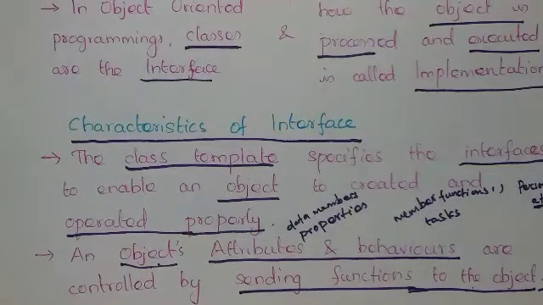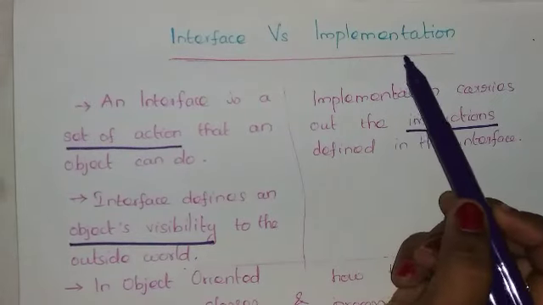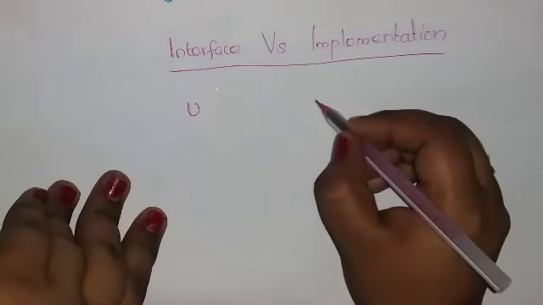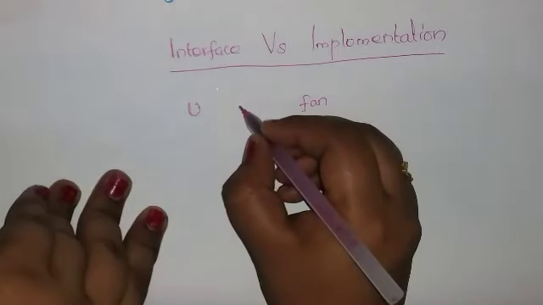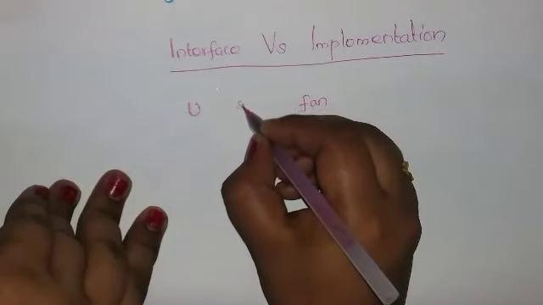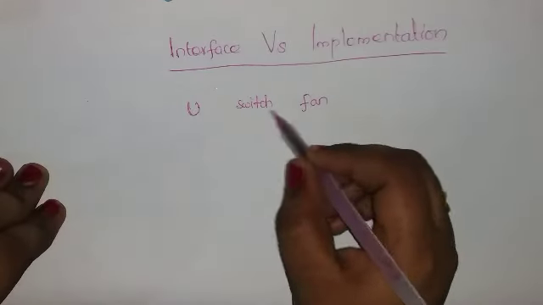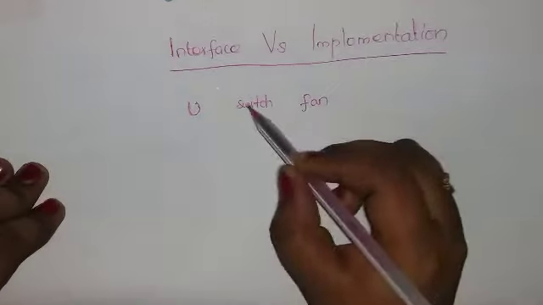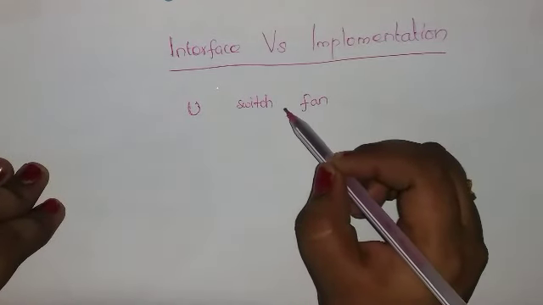Now let me tell you a real-time example for interface versus implementation. Suppose you want to start a fan, then there would be a switch. When you turn on the switch, the fan starts. If the switch is not there, is it possible to start the fan?